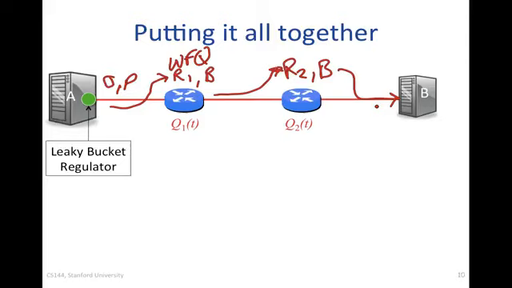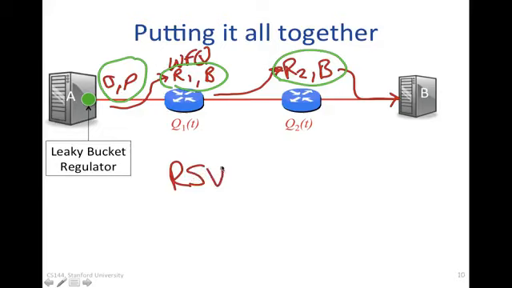So you may be wondering how these values of sigma and rho and the values of R1 and B and R2 and B get told to the routers and the source along the way. So there's actually a protocol for doing this, for setting this up initially. And this is something that's called RSVP, or the Resource Reservation Protocol.